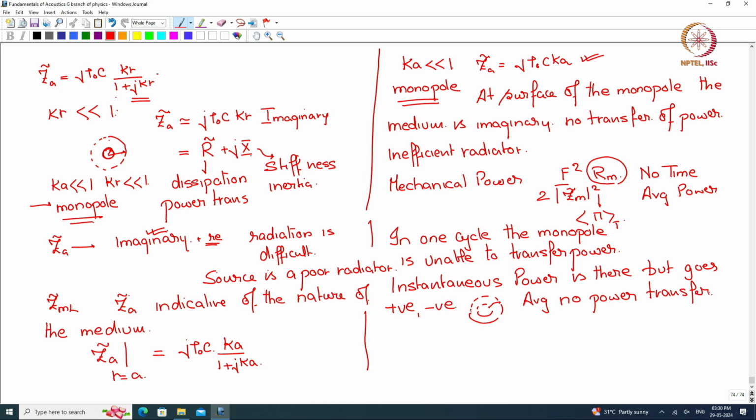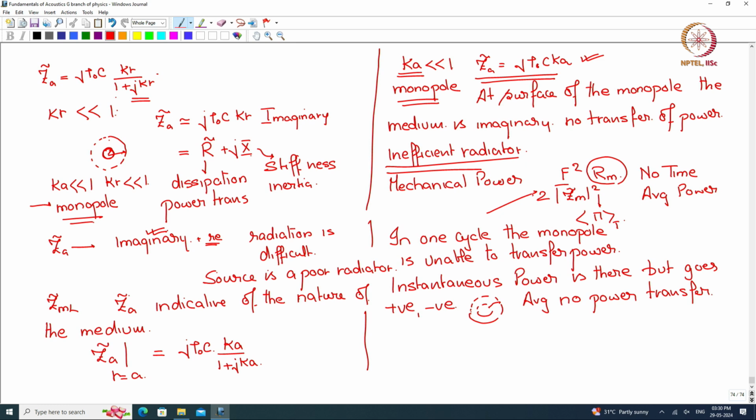All these ideas are tied together: Ka being small, the radiator being inefficient, and at the surface of the radiator the acoustic impedance being purely imaginary. If you calculate the average power, it is going to be 0 because of this reason.